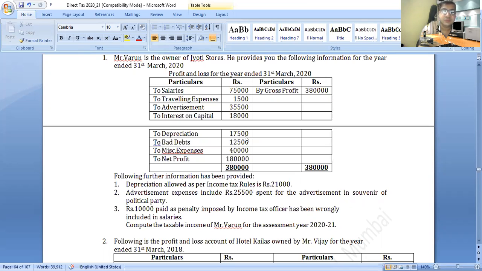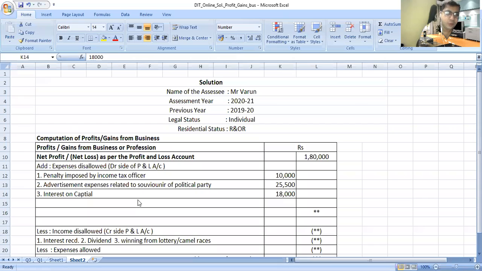It is 17,500, but actual depreciation is 21,000. It means 17,500 is not a business depreciation. It is not a business expense. So what we have to do? We have to add this depreciation value, which is debited in our profit and loss account.